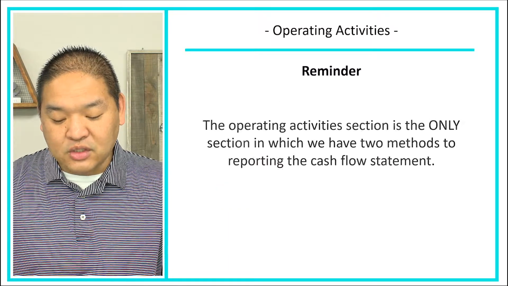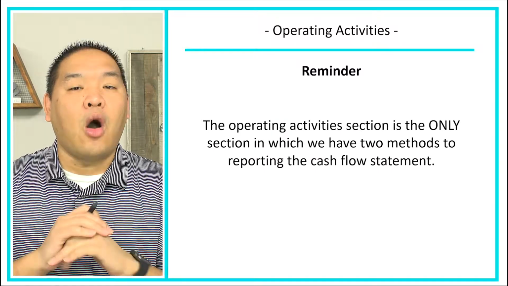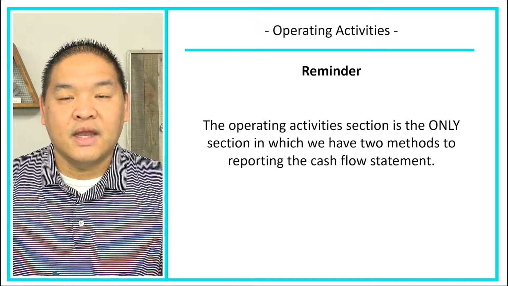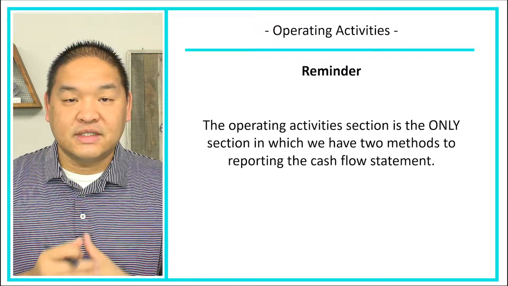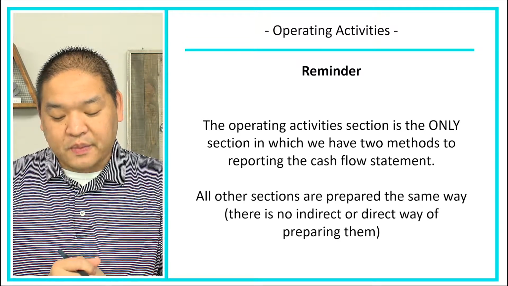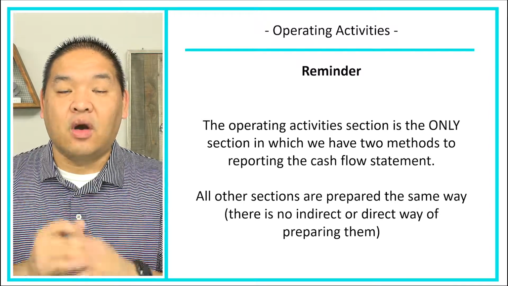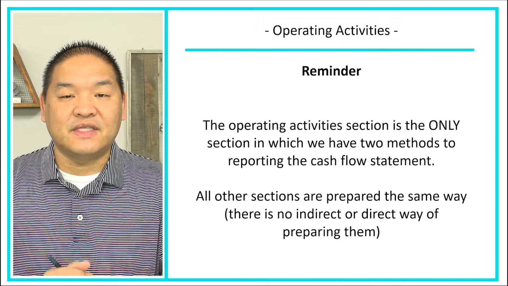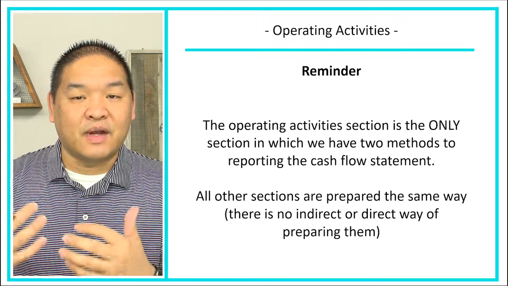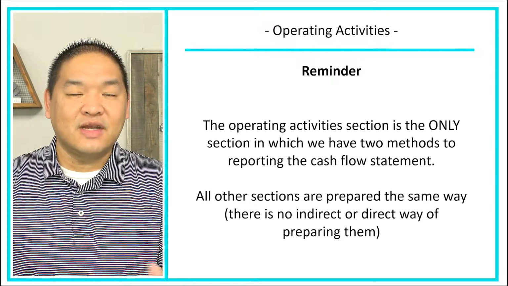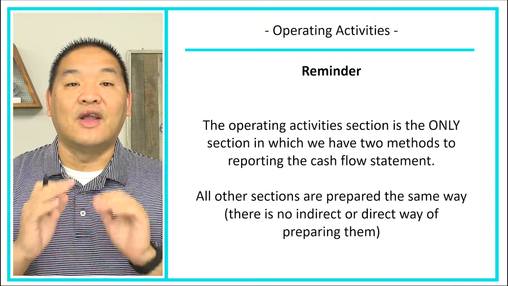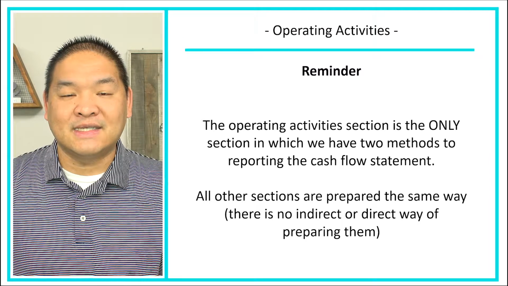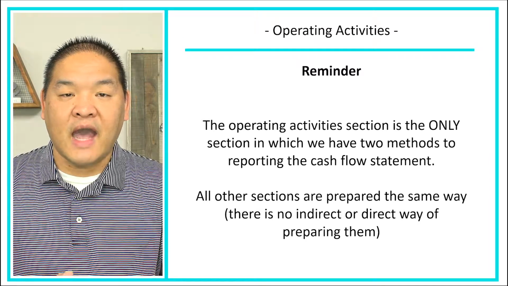It's also important to note that the operating section is the only section in which we have two methods for reporting the cash flow statement. All other sections are prepared the same way, regardless of whether it's the indirect or direct method for the operating section. So there is no indirect or direct method for the investing or financing section of the statement of cash flows.